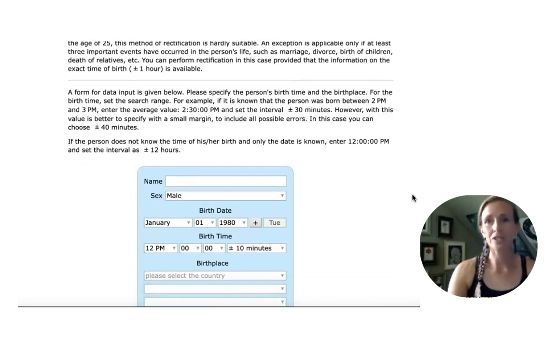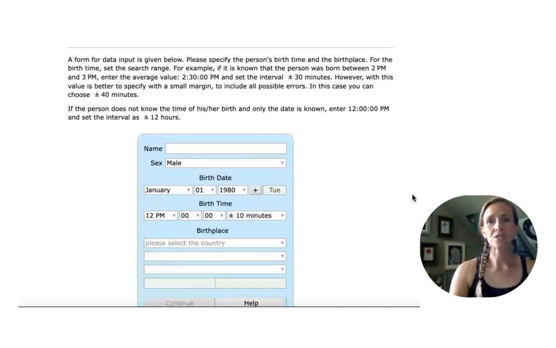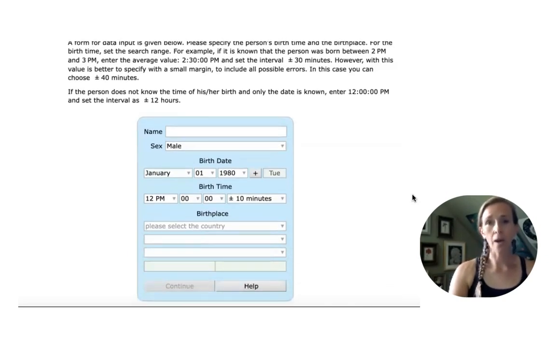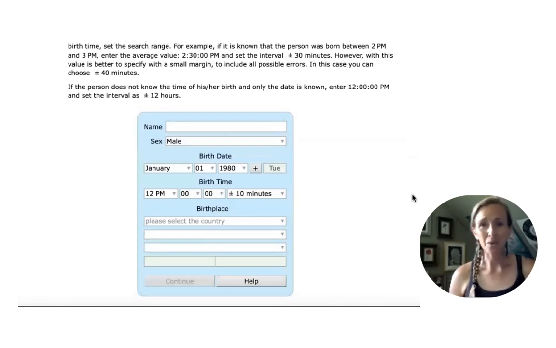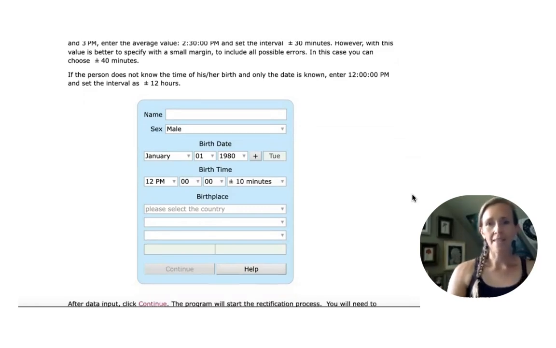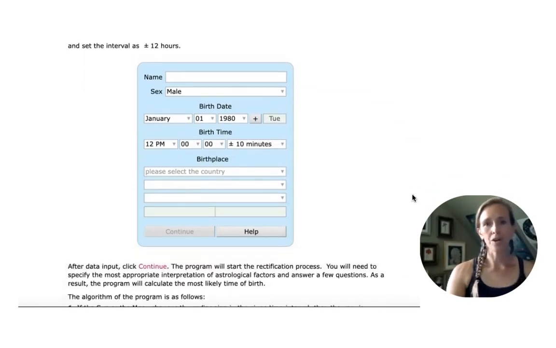For example, marriage, divorce, we'll get into that. So it's best for people who have lived a bit, namely those people who are probably listening to this Midlife by Design podcast.